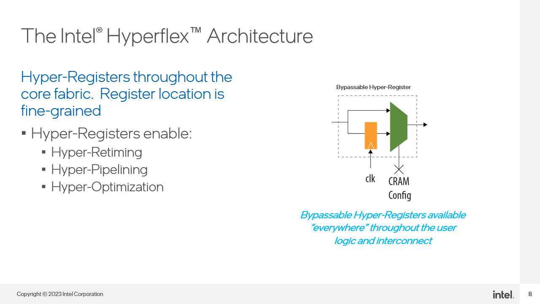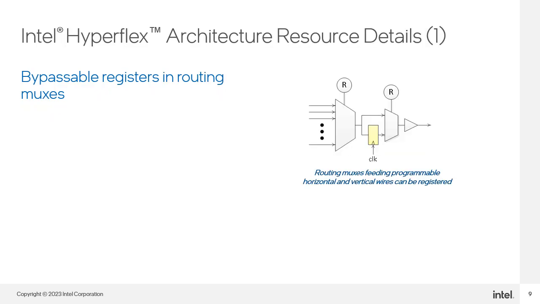This means your design has many more options for inserting register stages than before. As a result of this fine-grained approach, the Hyperflex architecture enables 3 key performance improvement strategies, which we name Hyper-Retiming, Hyper-Pipelining, and Hyper-Optimization.